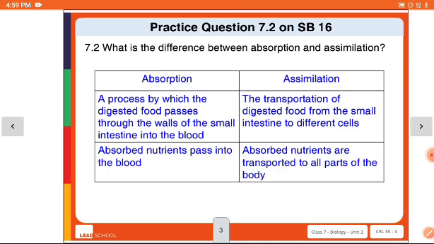Absorption is a process by which digested food passes through the wall of the small intestine into the blood, and on the other hand, assimilation is the transportation of digested food from the small intestine to different cells. So absorbed nutrients pass into the blood, and absorbed nutrients are transported to all parts of the body. So these are the differences.